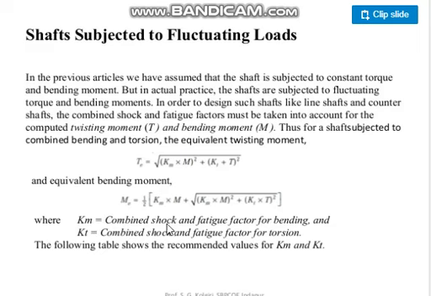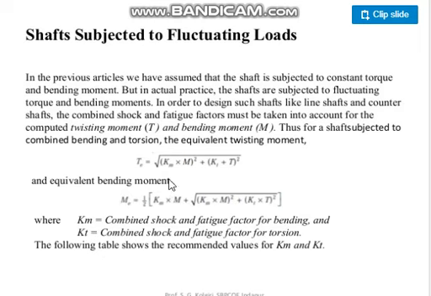Km is the combined shock and fatigue factor for bending. If it is used for moment, m comes. If it is used for torque, t comes. So Km and Kt. Kt is the combined shock and fatigue factor for torsion. So just multiply these two things.